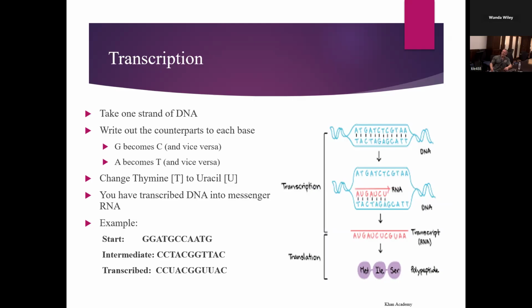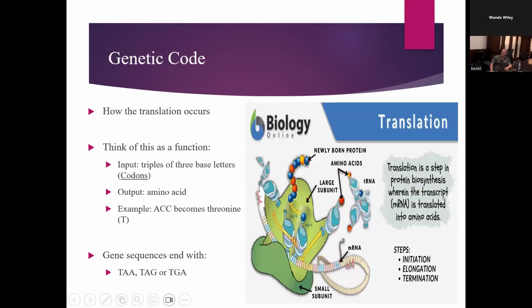If you don't see a U in there, then it must be a DNA molecule. And eventually, as I said, we get unwinding of the DNA, transcription to make RNA, and then the RNA is going to be translated to form the proteins hooked up with the different amino acids, ultimately giving us our protein that's going to hopefully be able to go out there and carry out its function within the cell.